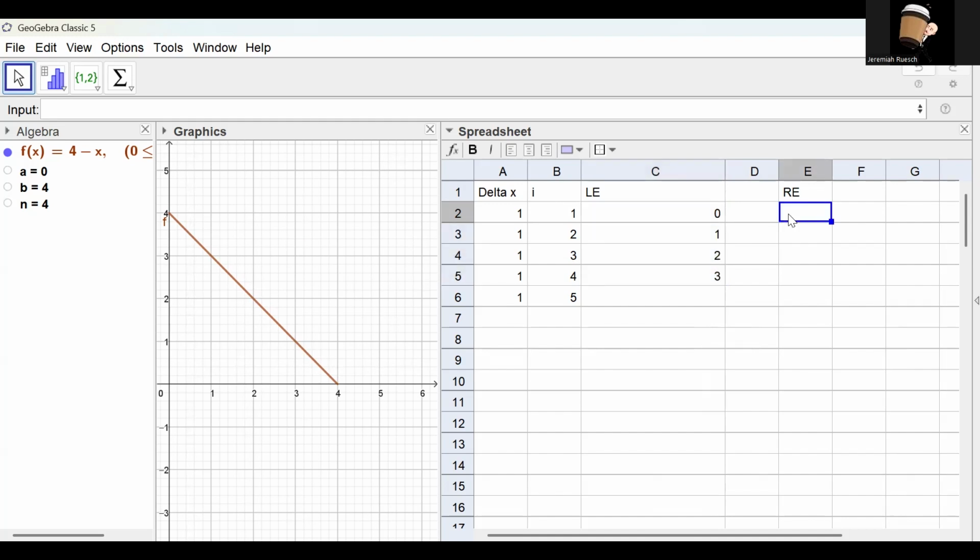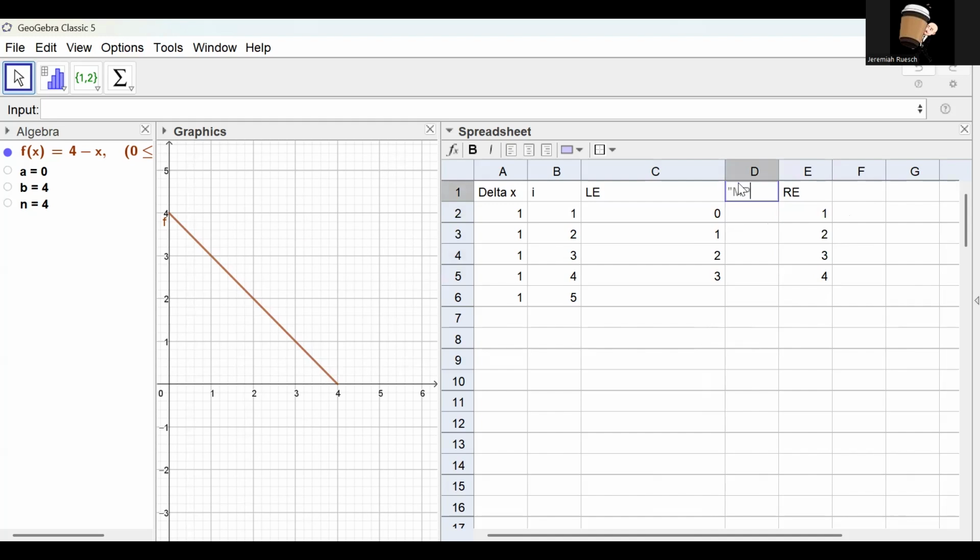Okay. And then over here, the right endpoint is going to equal A plus our delta X, which is A2 times I, which is B2. And this, of course, then is the correct formulation for the XIs.